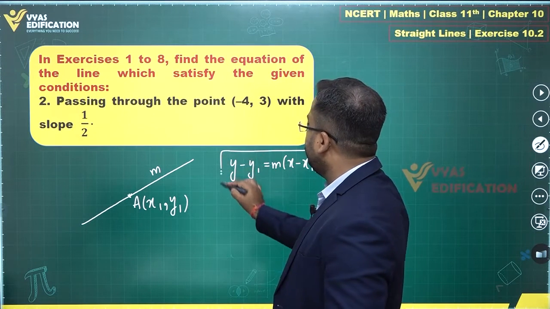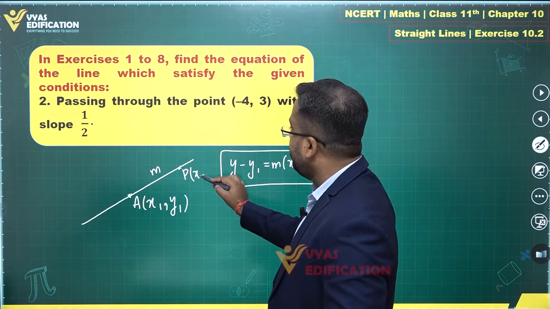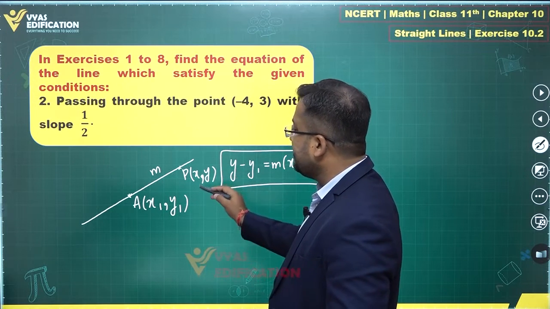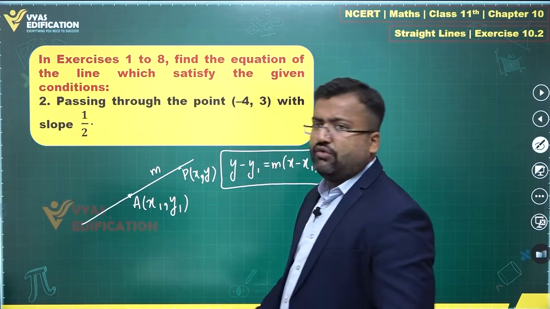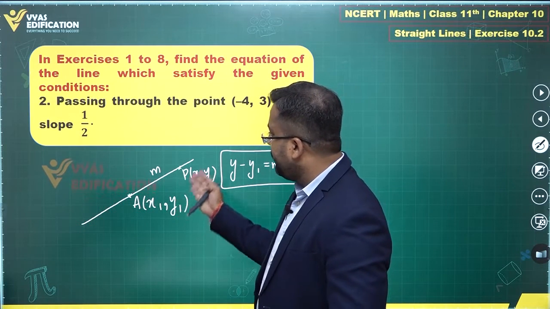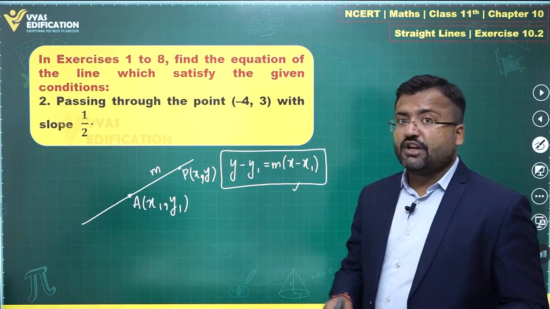And the equation is obtained with the help of slope by writing coordinates of any random point P on this line in terms of slope. So m of AP is equal to m basically. Y minus y1 upon x minus x1 equal to m, which simplifies to this. This is the equation in point slope form.